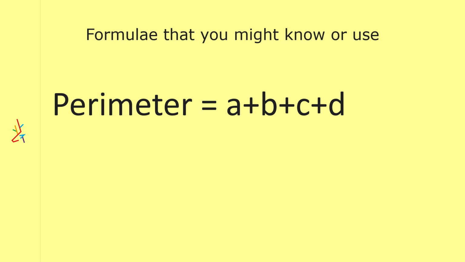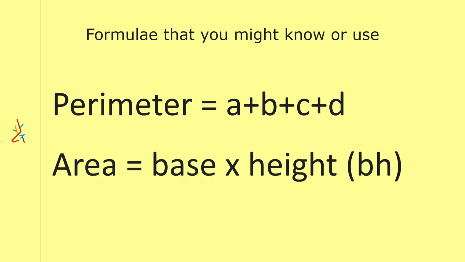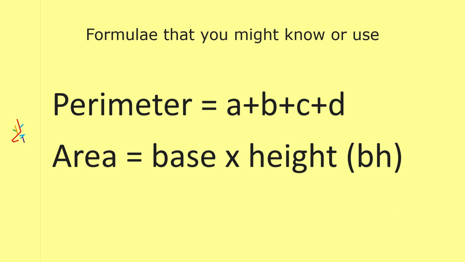Some formula that you might use, for example, if you're adding up 4 sides of a rectangle, A plus B plus C plus D. The area of a rectangle is base times height, which is B and H next to each other.